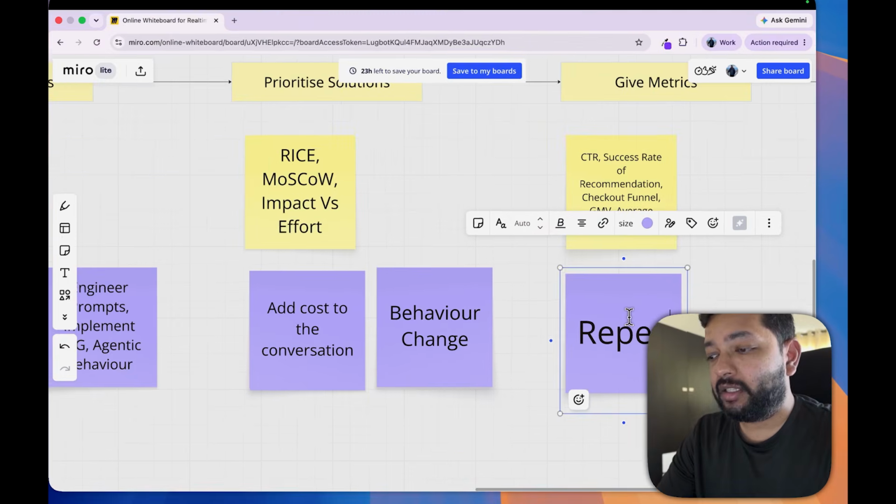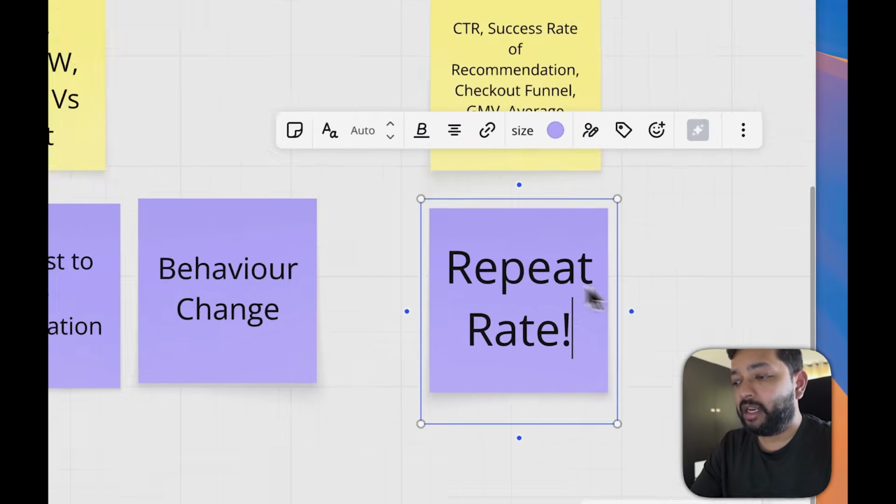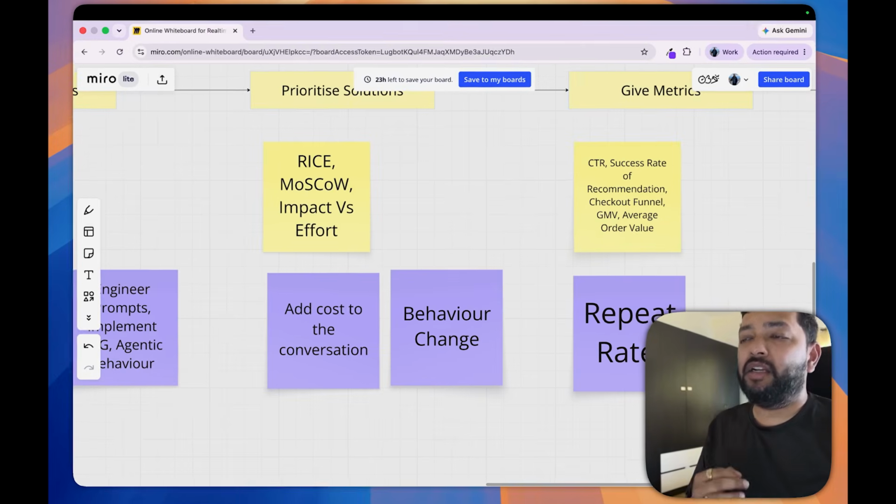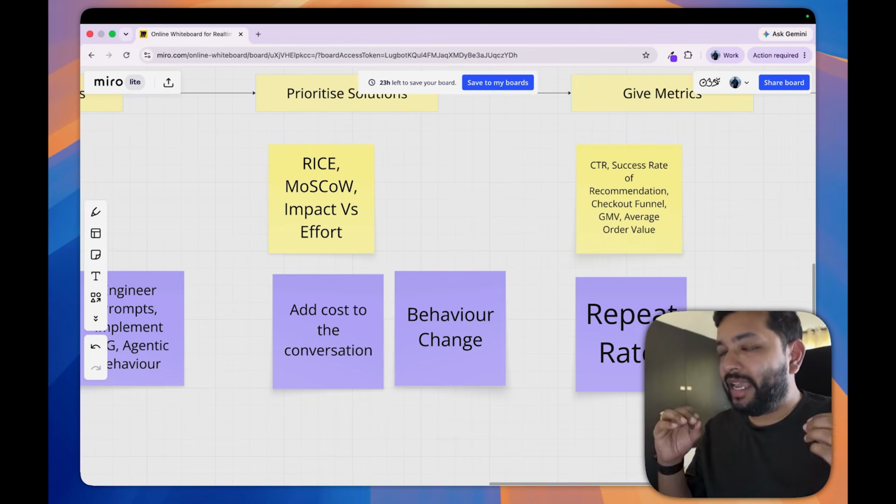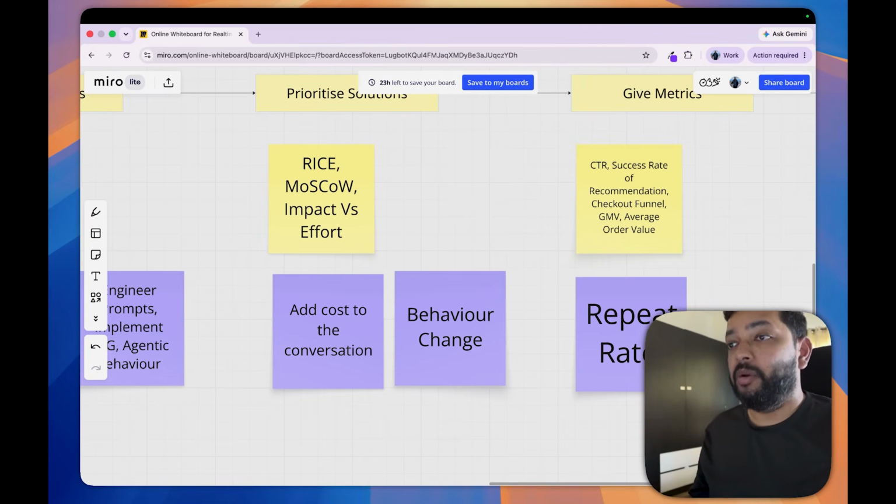The first is the repeat rate, right? Now, this is almost mandatory for you whenever you're designing any AI product sense problem statement. If the user does not come back and use your product again and again, it's almost useless, right? So you have to make sure that people use your product properly. You have to make sure that they come back and use your product again and again.